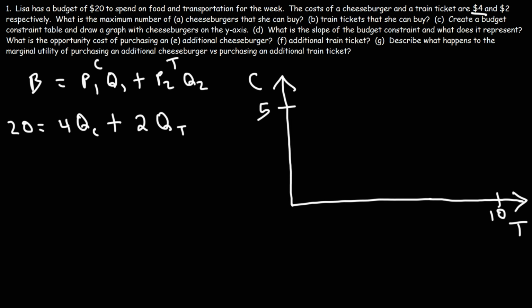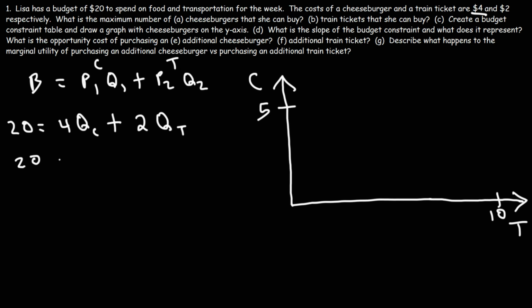In algebra, typically, you would usually solve for the y variable. You would want to get y by itself, or y in terms of x. So in this case, we're going to solve for QC because it's associated with the y-axis. So we've got to get QC by itself. First, I'm going to move this term to the other side. As we move that term from the right side to the left side, the sign is going to change from positive to negative.